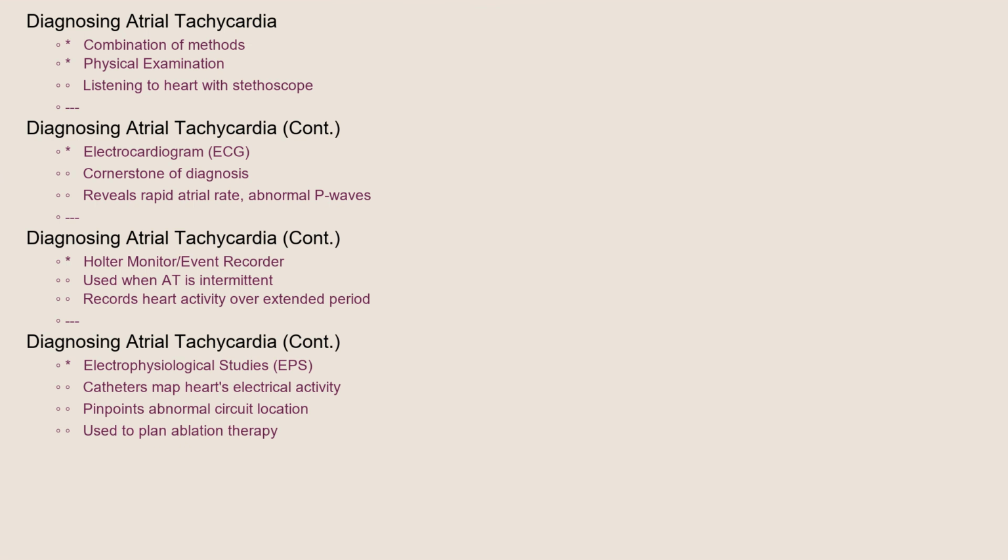In these instances, a Holter monitor, which records the heart's electrical activity over 24 to 48 hours, or an event recorder, which can be worn for even longer periods, may be used to capture the arrhythmia when it occurs. Electrophysiological studies, or EPS, which involve inserting catheters into the heart to map its electrical activity, can be used to pinpoint the location of the abnormal circuit and plan for potential ablation therapy.